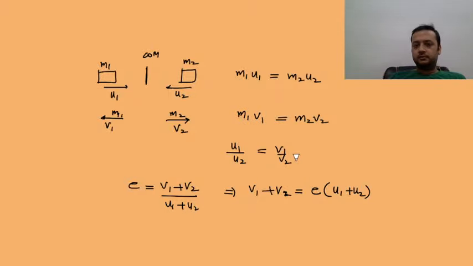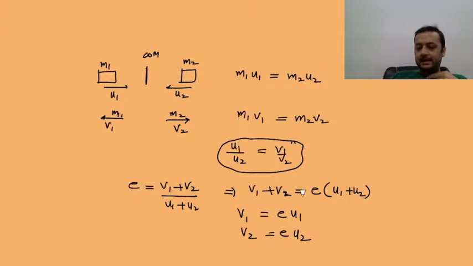The ratio of v1 and v2 has remained equal to the ratio of u1 and u2. So this can only happen if v1 is E times u1 and v2 is E times u2. Only in this case, v1 by v2 becomes E u1 by E u2, so E will cancel out and the ratio will be maintained, and v1 plus v2 comes out to be E times u1 plus u2.